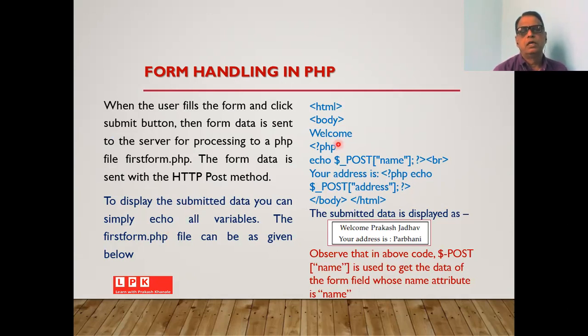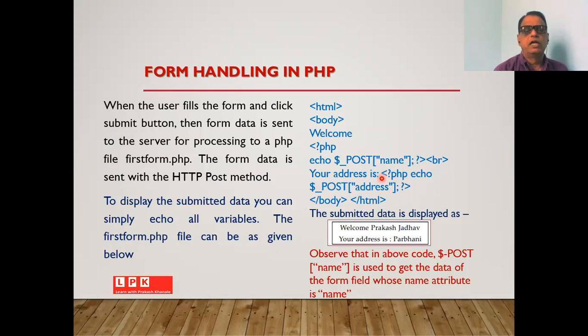So this is a PHP code where we have made use of the underscore POST, where we can make use of the name, then we can make use of the address.